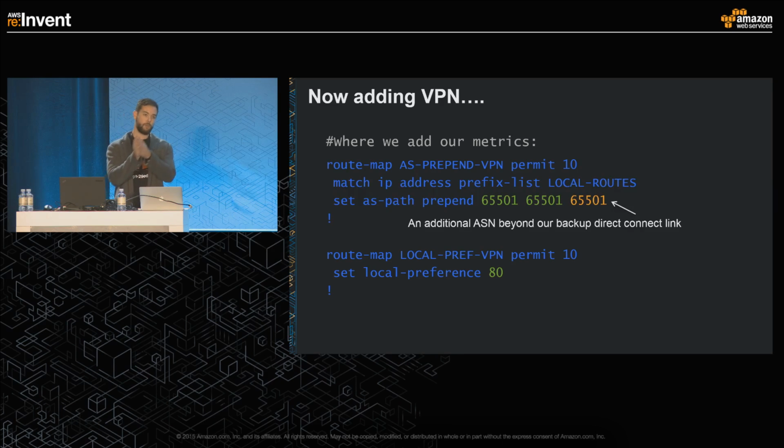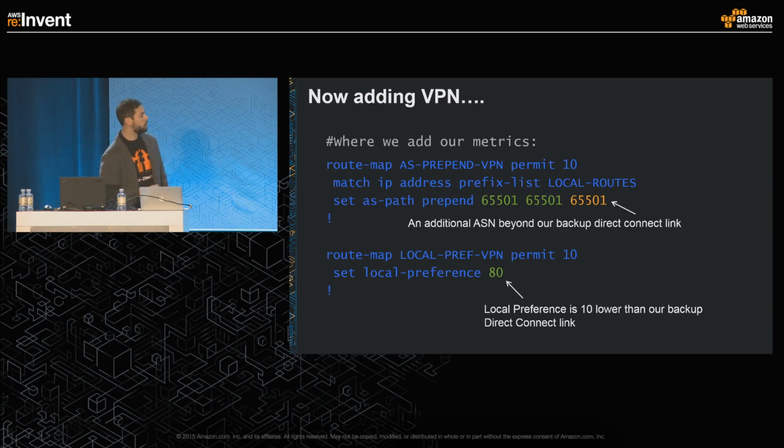If that fails, it should go to the secondary, which has 2 AS paths. If that fails, it'll go to the VPN, which has 3 AS paths. And also, again, we do need to set both directions for traffic. So we've got a local preference of 80, which is 10 lower than our 90, which was the secondary, and 20 lower than the default, which was our primary.